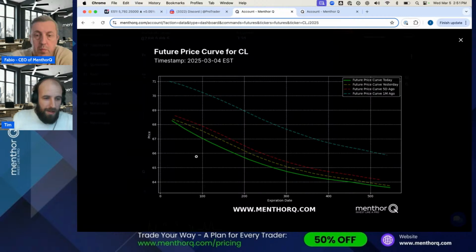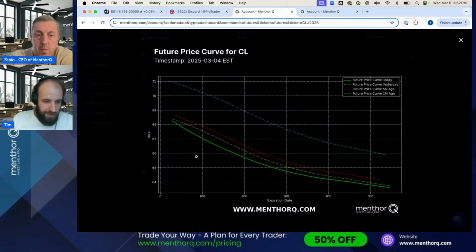So the main takeaway, if this looks like today, like backwardation, is there's more volatility into the front month, right? Because now, if you have like 5 million barrels of oil in your inventory and you have to hedge it, you might sell it in 100 days, 3 months, for $67, right?